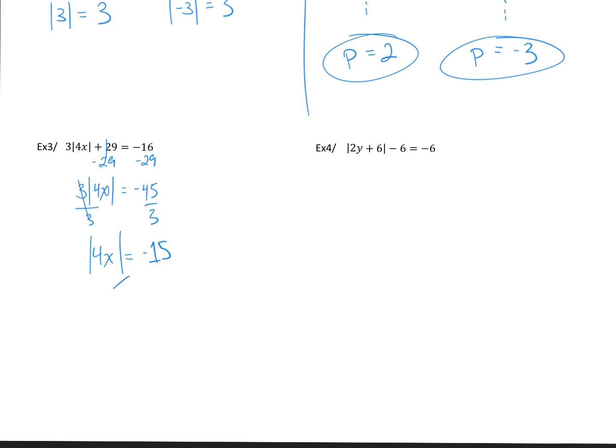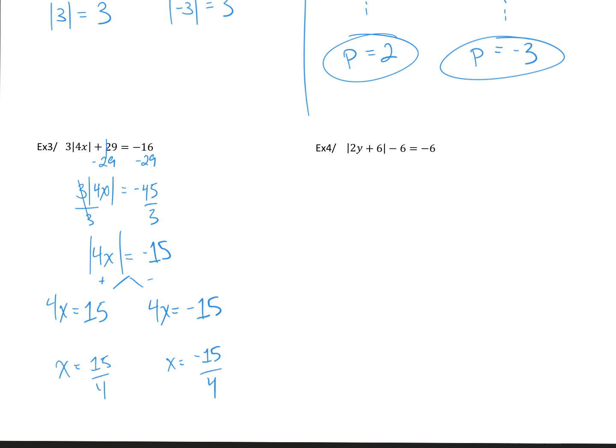You can separate your two equations here. Remember, 4x will equal the positive version of 15, and 4x will equal the negative version of 15. From here, you can solve x equals 15 over 4 and x equals -15 over 4.